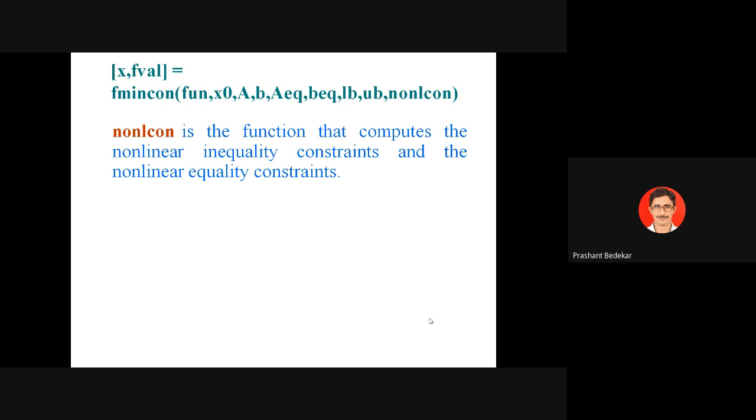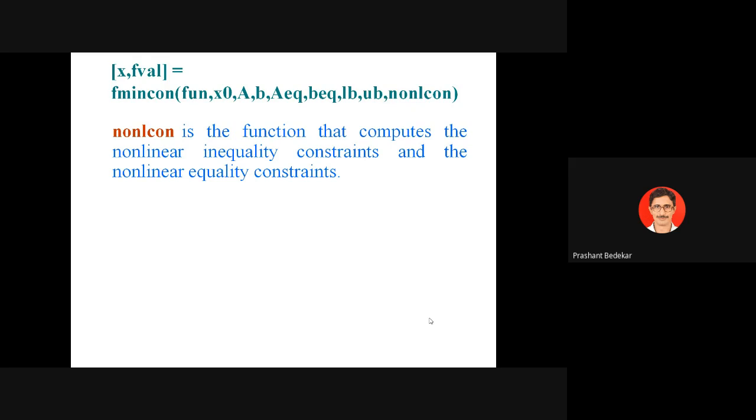Remember that if you are using the fmincon function, even if the objective function is linear, it is very much possible that the problem is non-linear because of non-linearity in some of the constraints. The objective function is linear, but as there is some non-linearity in some of the constraints, the problem is a non-linear problem. So if you are using the fmincon function, you are trying to solve a non-linear constrained optimization problem.